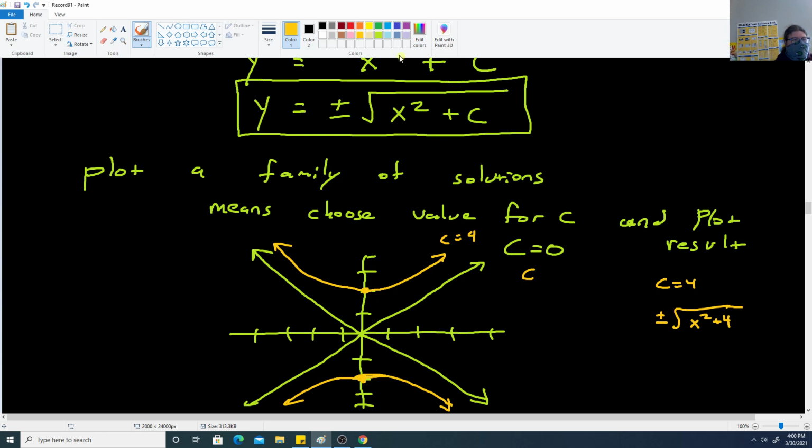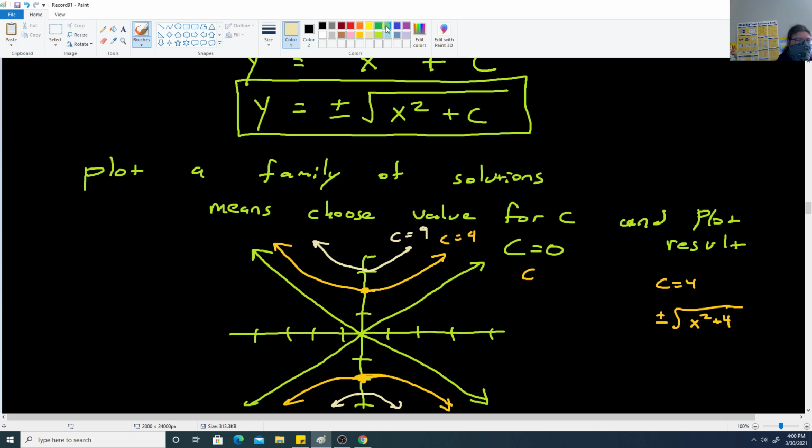Next, we're trying to choose these so that when I put 0 in for the x, the equation's easy to calculate. So I'll use 9 next. If I put 9 in for C, when x is 0, I get the square root of 9, which is 3. So that one will come down here to 3, and the C equals 9 case will be like this.